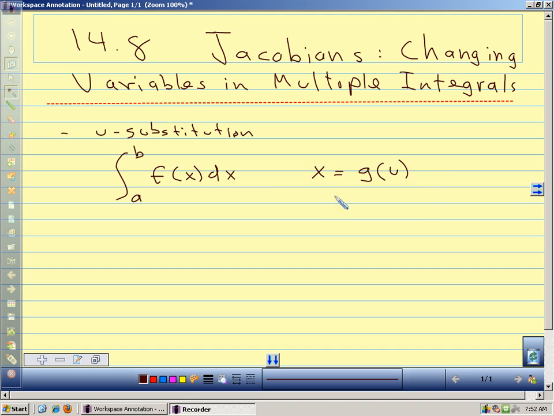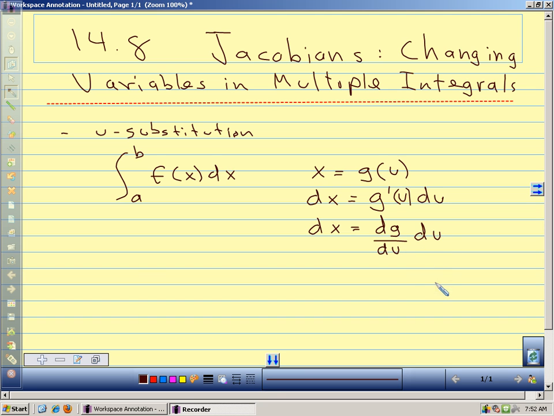So dx, I'm just writing out the procedure for U substitution. dx is g prime of u du, or we could write dx is dg/du times du.